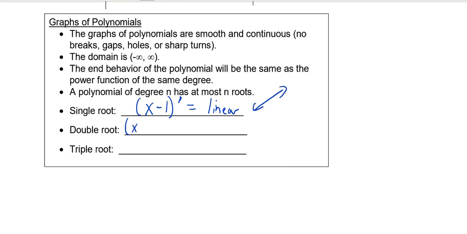Alright, so we're going to use this factor, x minus 1. We're going to have a double root. So when I do x minus 1 times x minus 1, I'm going to get x squared, a negative 2x, and a positive 1. Going to be quadratic, okay?